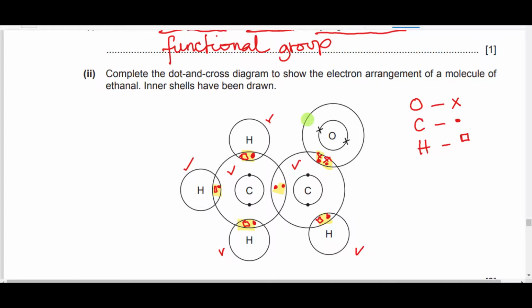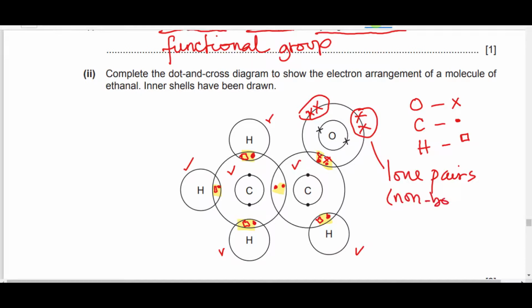So we are going to complete those 4 electrons with 1 2 3 4, and these 2 pairs of electrons are known as lone pairs of electrons, or non-bonding pairs of electrons, because they are not involved in bonding. Are we together? They're not used in bonding.